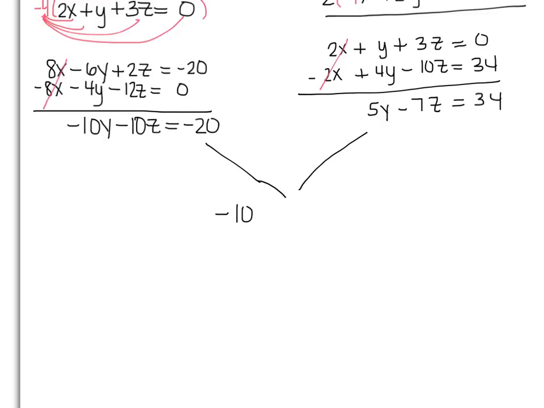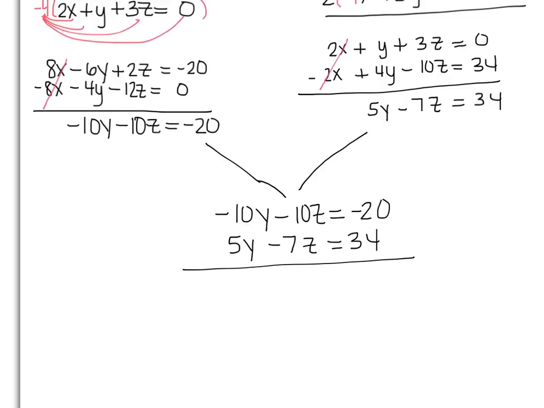So negative 10y minus 10z equals negative 20, and 5y minus 7z equals 34. And now we're going to eliminate the y variables. Notice how we're getting rid of the x's at first. Now we're going to get rid of the y's and solve for z.